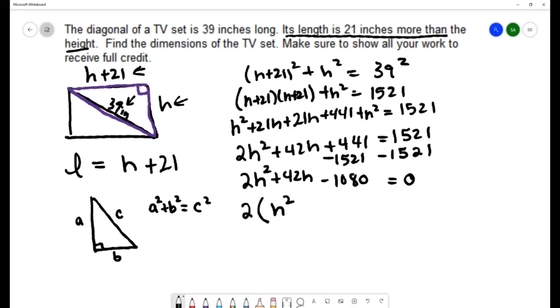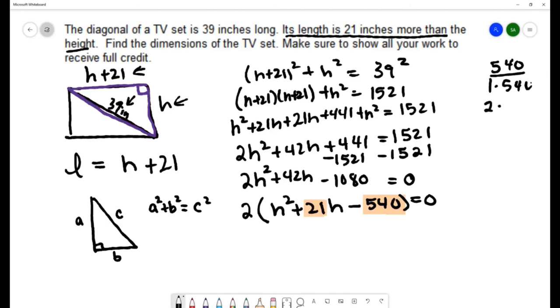That would give h squared plus 21h minus 540. And then I'm going to look for factors of 540 that could create a 21 in the middle. So let's look at 540. That's 1 and 540. 2 and 2 goes into there.